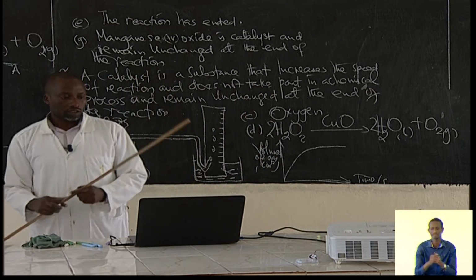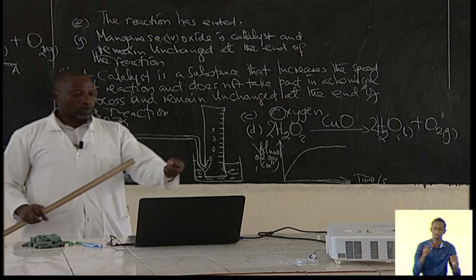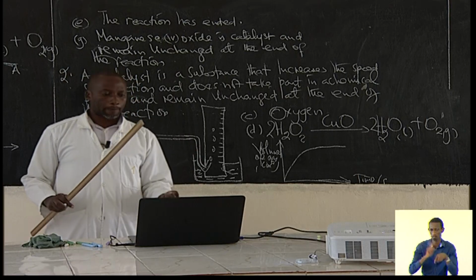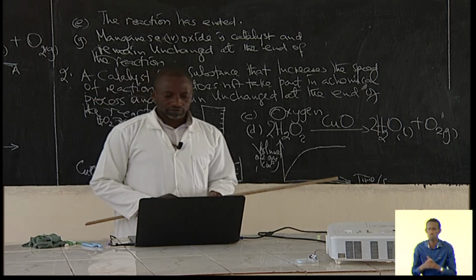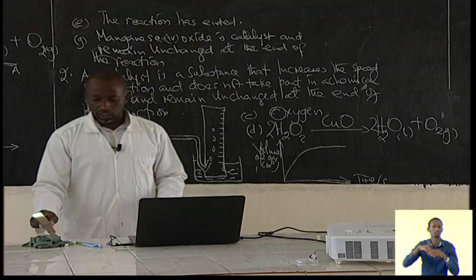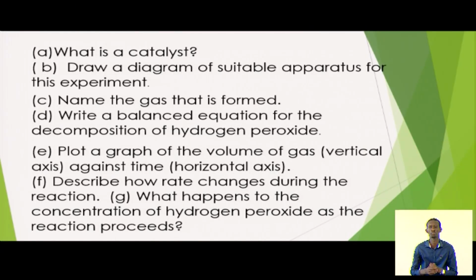Describe how the rate of the reaction can be increased. How can you increase the rate of the reaction here? So we are using a catalyst. Which else?